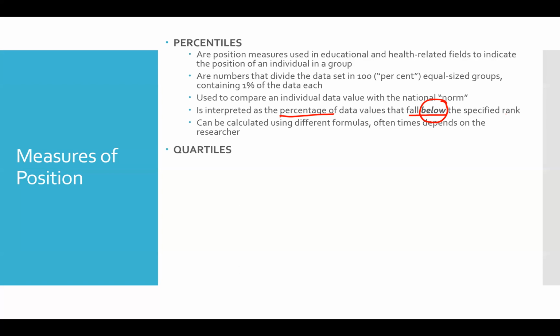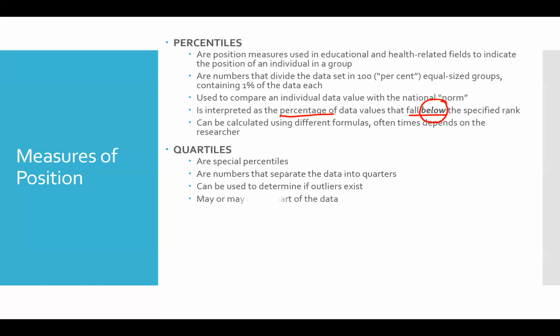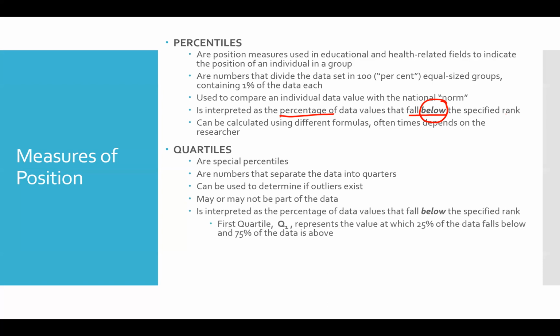A subcategory of that is quartiles. And the quartiles divide the data into 4 different regions, as I pointed out earlier. And again, we use those ultimately to help us determine if there are outliers. And again, when you interpret it, it is the percentage that fall below that rank.